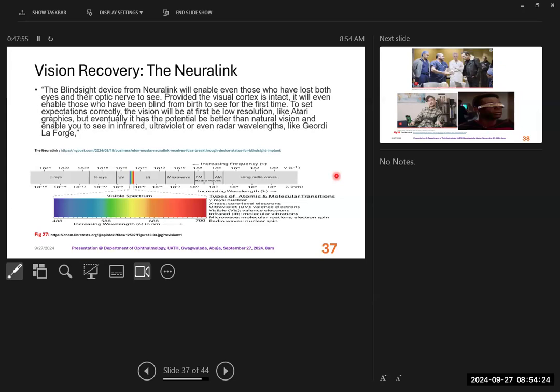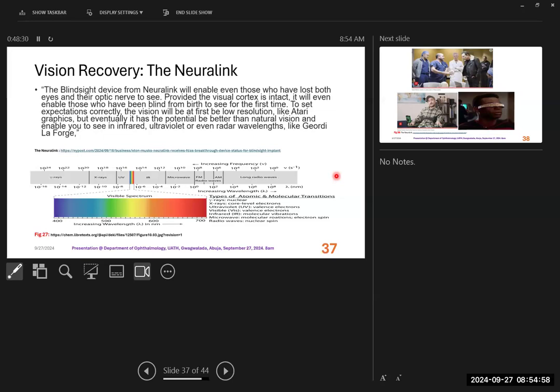But the one that is very important to us is the realm of ophthalmology, where Elon Musk claimed that the name of that application is called the Blindsight device. It will enable those who have lost both eyes and their optic nerve to see, provided their visual cortex is intact.